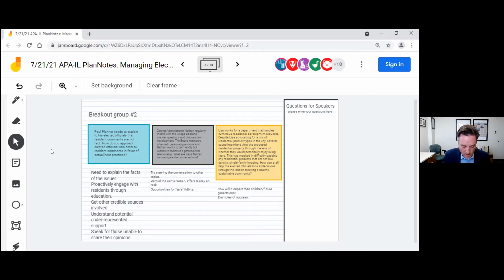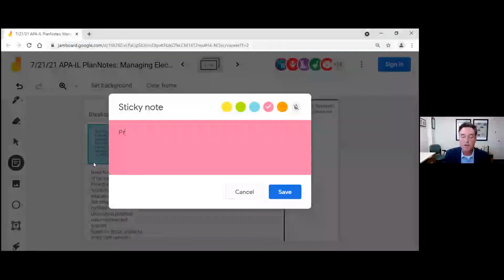I would suggest, in your staff presentations, try to anticipate how resident comments will attack those best practices, and include that in your presentation about what things are happening around the country, other best practices that are going on. Cite factual information that you can use to build the case for, for example, having a mixed use community.